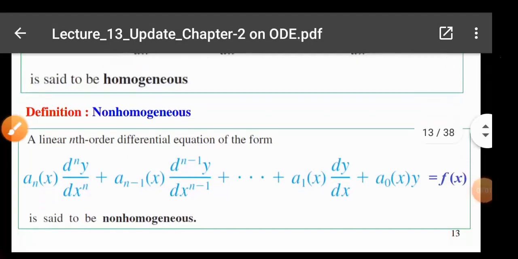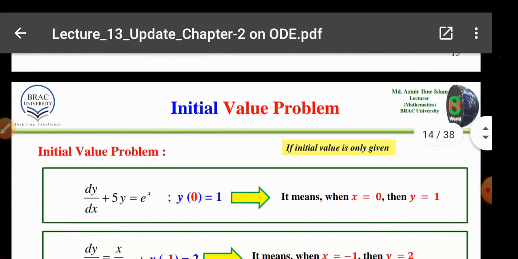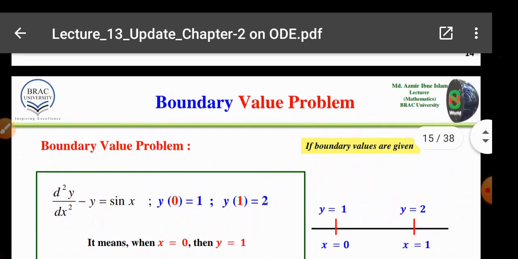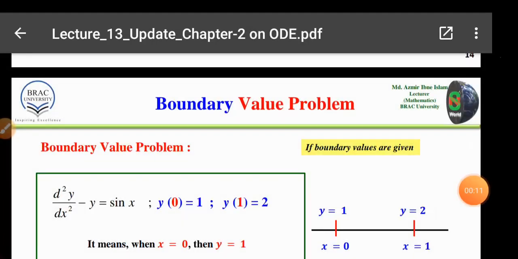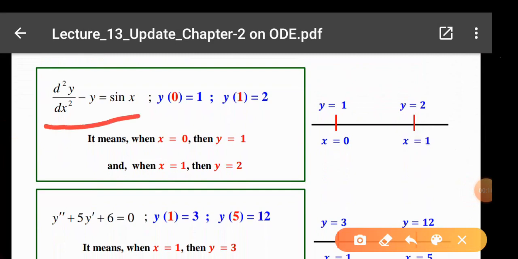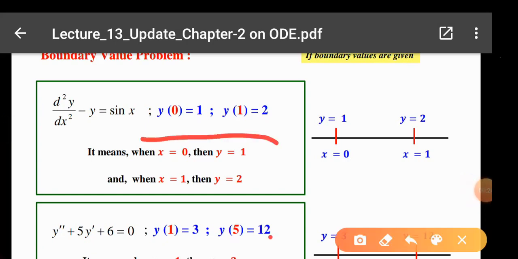Now we have to understand two important concepts. What is an initial value problem and what is a boundary value problem? You can see here two differential equations are given, the first one and the second one. With these differential equations, we have some conditions.